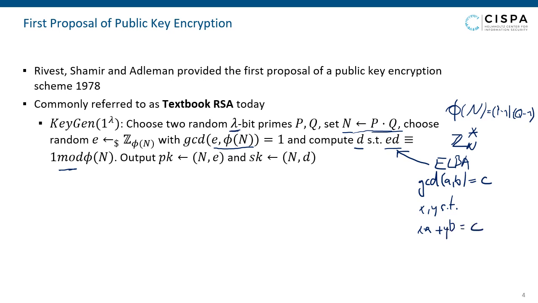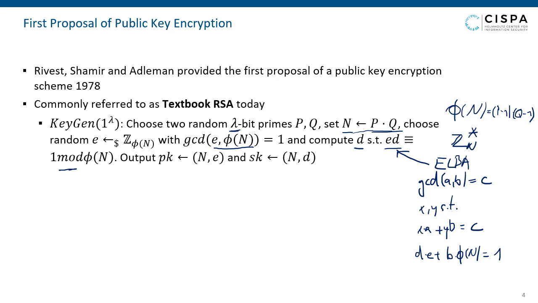Right, and if we do this for E and phi of n, now we'll call this D instead of x, then we will have D times E plus, let's call it B, times phi of n equals 1.